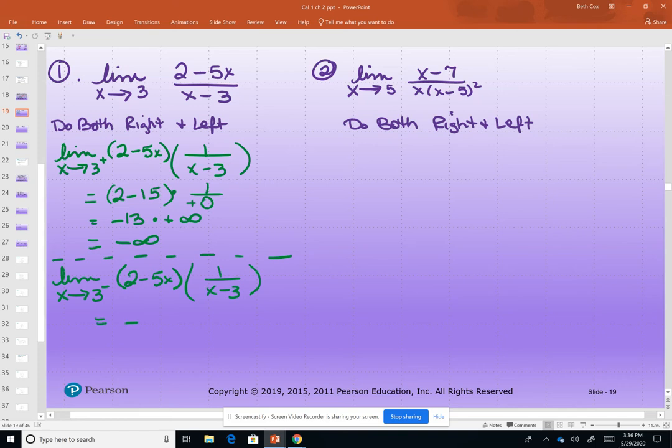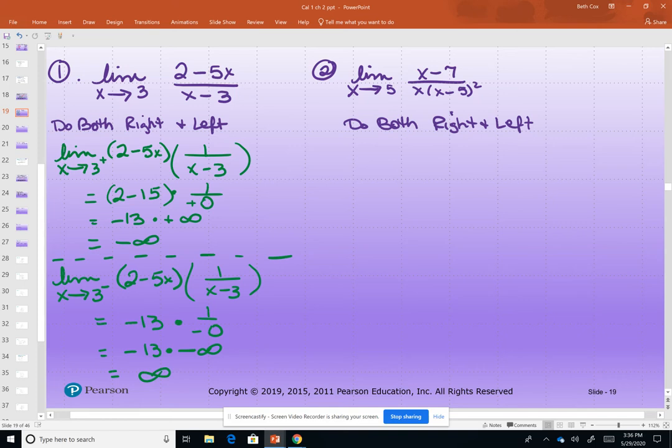Okay, so now this one's still negative 13. But now 1 over x minus 3, now we're coming from the left of 3. So now I'm plugging in 2. And when I plug in 2, I get a negative 1. So this is coming to a negative 0. So this is negative 13 times a negative infinity, which is positive infinity.